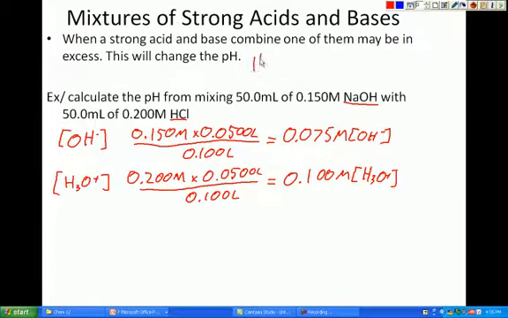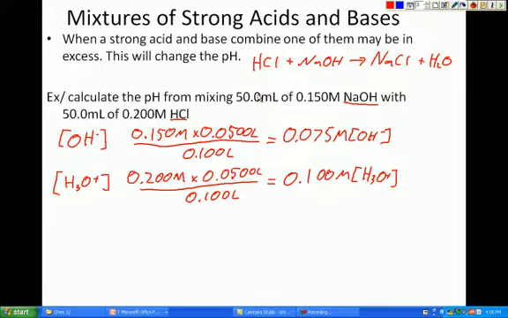So if we were to look at it, it would be something like HCl plus NaOH, and it would make NaCl plus H2O. So if this was 1 mole and this was 1 mole, then it would be stoichiometrically equivalent. However, our acid is in excess right here.